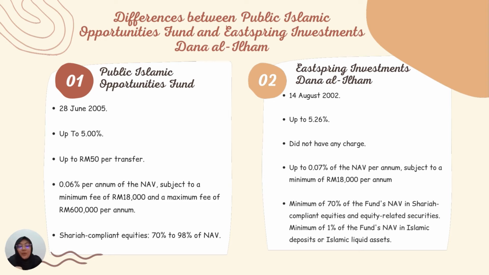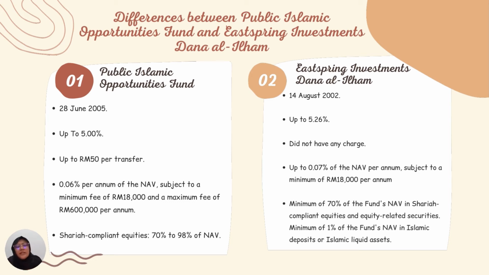The last one is asset allocation. For Public Islamic Opportunity Fund, they have Sharia compliance equity of 70% to 98% of the NAV, which is the net asset value. Here we can see that this fund is a high risk and high return investment, and they can only invest in one type of investment.